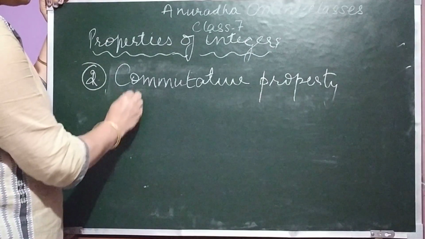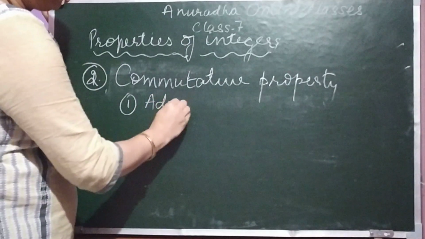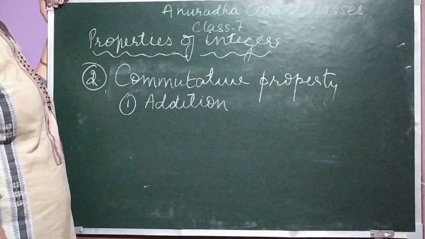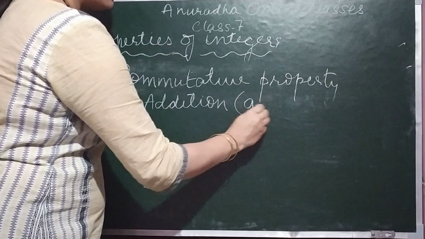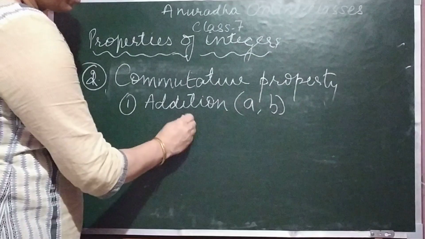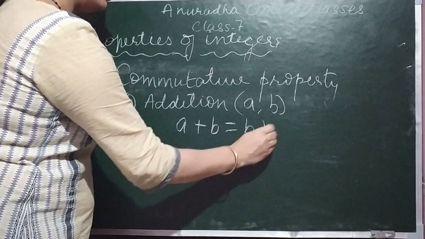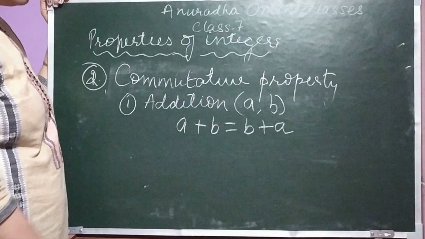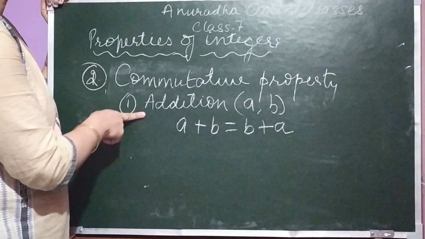Now see, with the very first operation, that is addition. Here also we will take two integers, a and b. Now a plus b must be equal to b plus a. If this condition is followed, then addition is commutative.